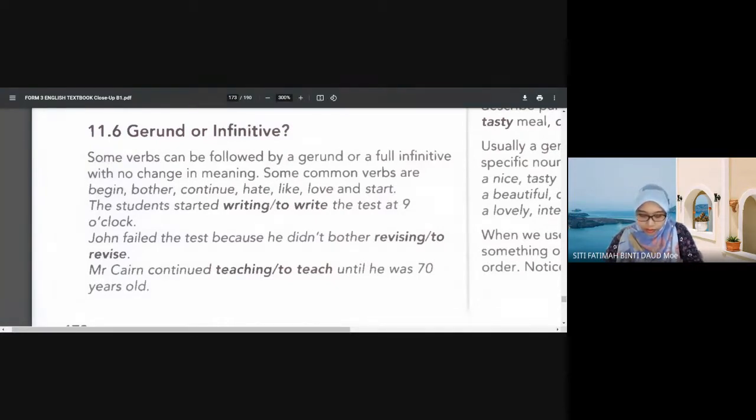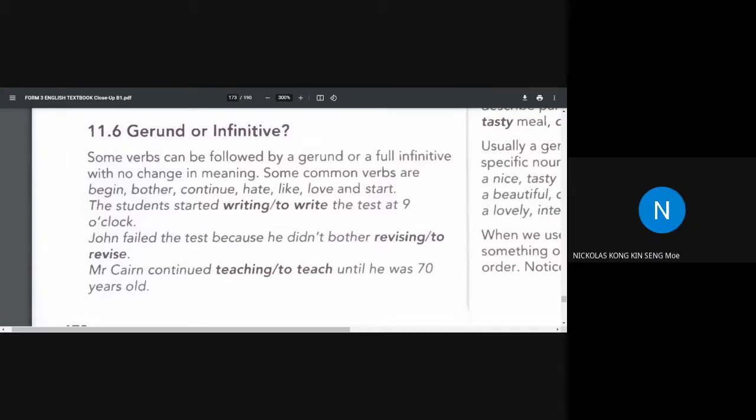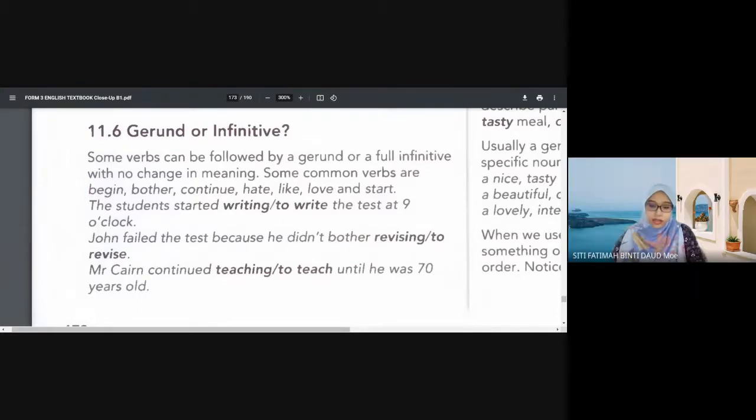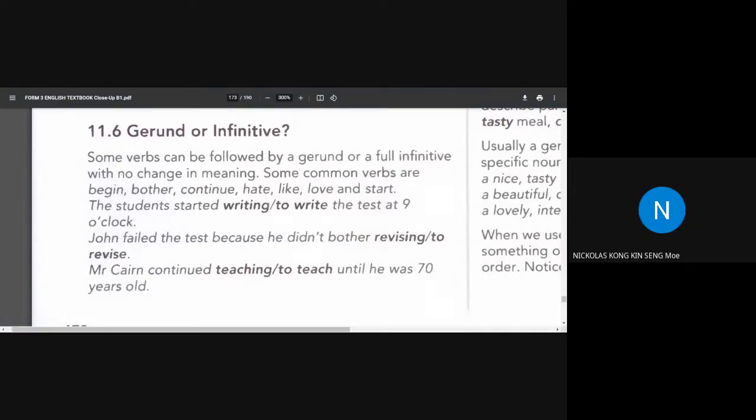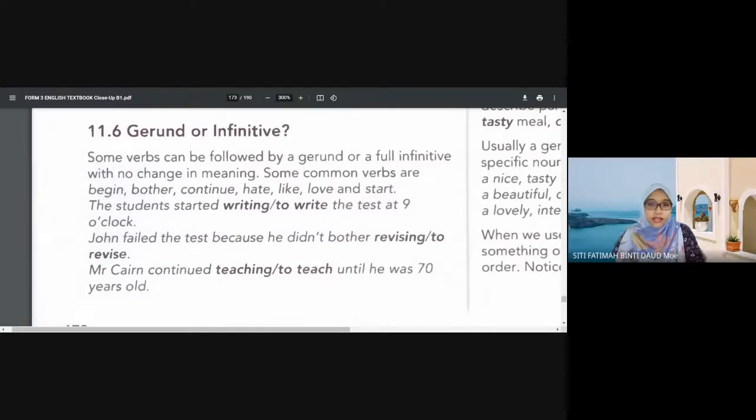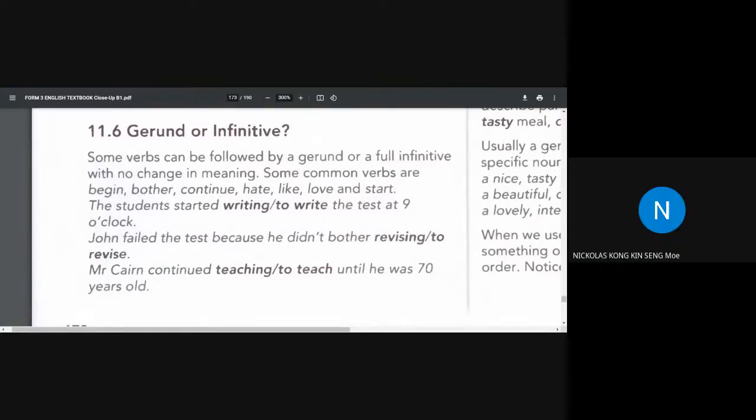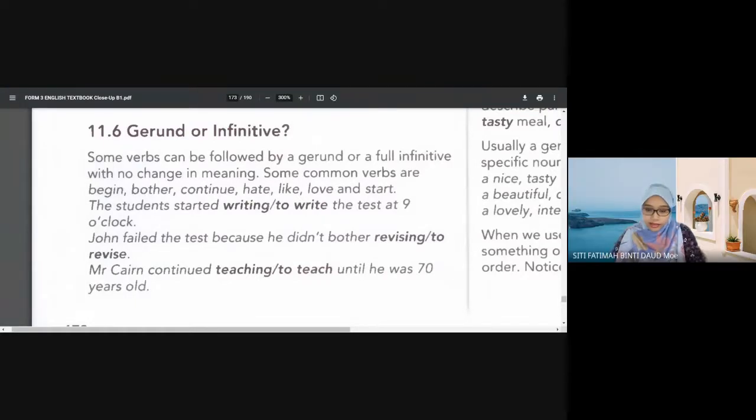Which one do you think is the first one? Thinking, right? The students started writing. John failed the test because he didn't bother.